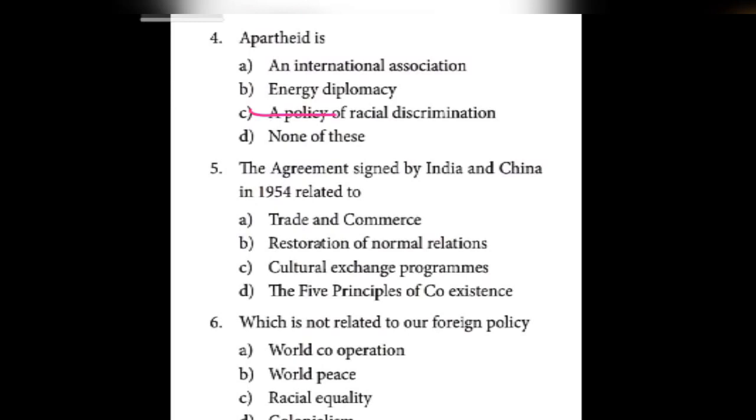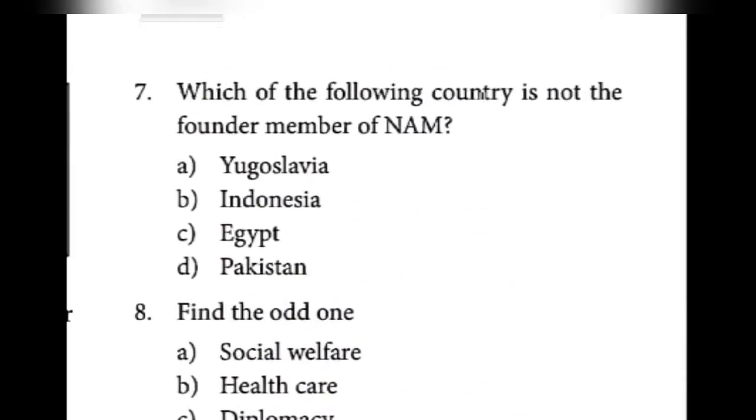Then that 1954. What is that in the sense? The 5 principles of coexistence. That's the answer. Okay. Then the sixth one, answer: colonialism. Then the seventh one: which of the following countries is not a member of the NAM? Pakistan.